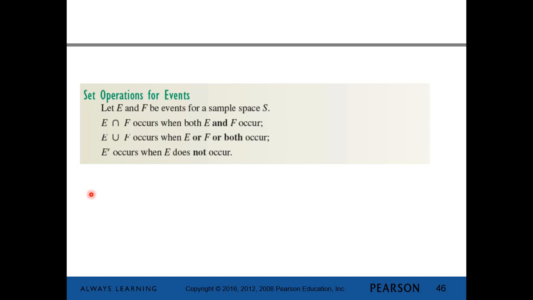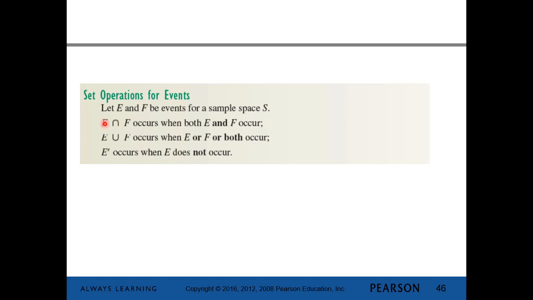So the set operations for events. This is where we're going to take what we learned in section 1 and apply it here in section 3. It says let E and F be events for the sample space S. E intersect F occurs when both E and F occur, which means that an outcome from set E and an outcome from F have occurred.